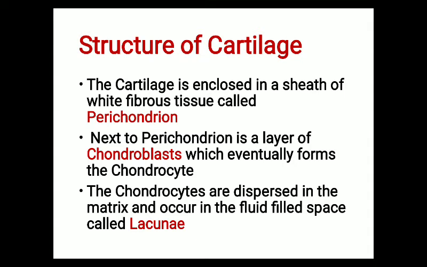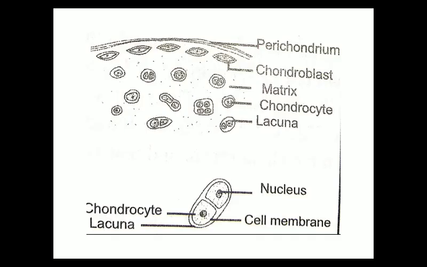The chondrocytes are dispersed in a matrix and occur in fluid-filled spaces called lacunae. These terms are very important: perichondrium, chondroblast, chondrocytes, and lacuna. This is the diagram of cartilage.